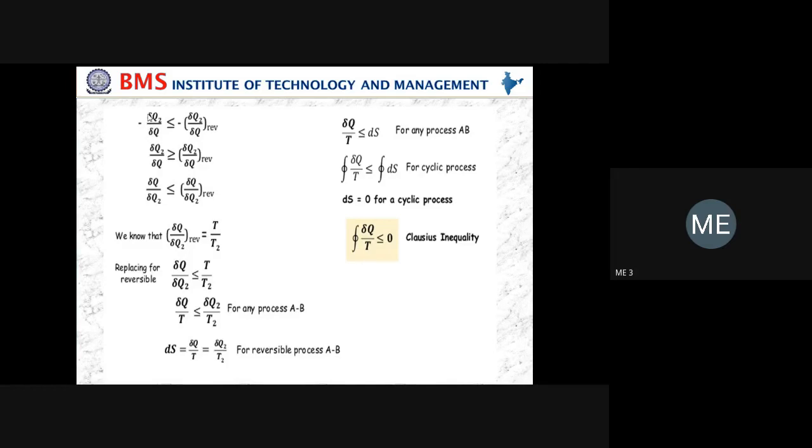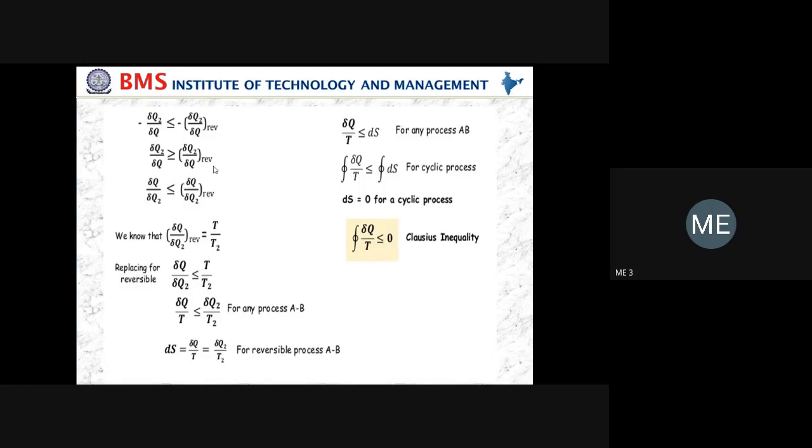So you can write dQ2 divided by dQ is greater than or equal to, don't write minus less than or equal, you have to write greater than or equal. That's why I said this step is most important. So whenever you are changing the sign, you have to write dQ2 divided by dQ is greater than or equal to dQ2 divided by dQ reversible.